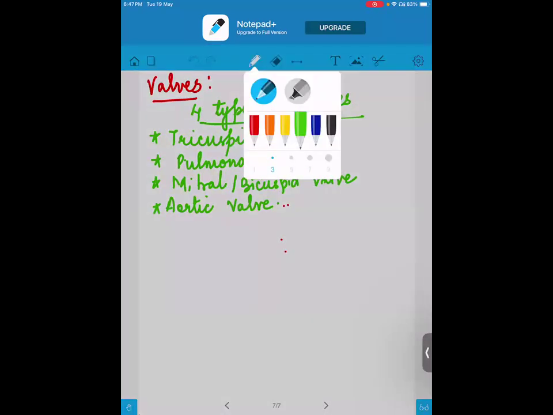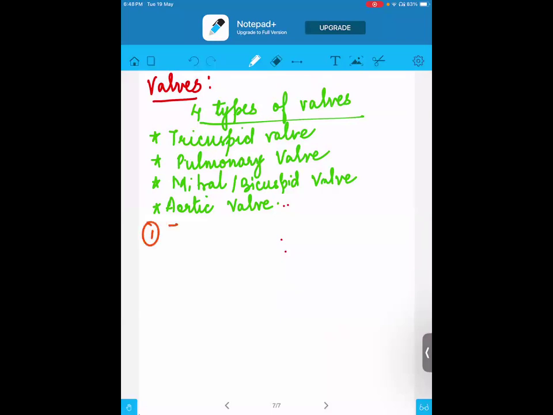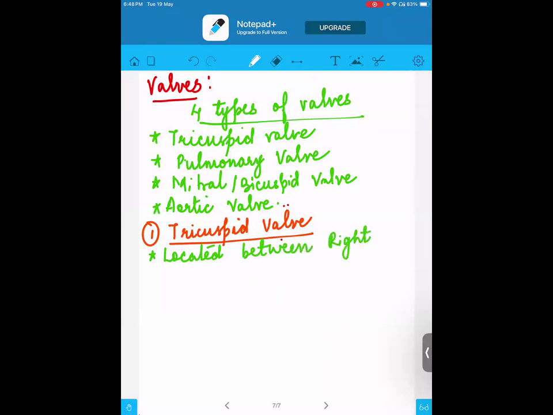So one by one, we will be discussing where they are present and what their function is. When we talk about the tricuspid valve, they are basically located between the right auricle and the right ventricle, or I can say right atrium and the right ventricle.